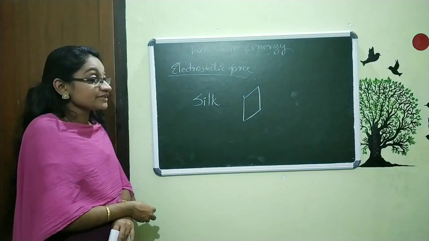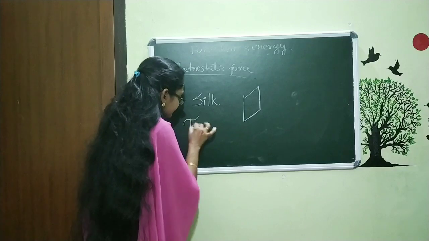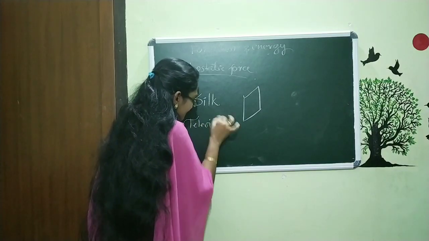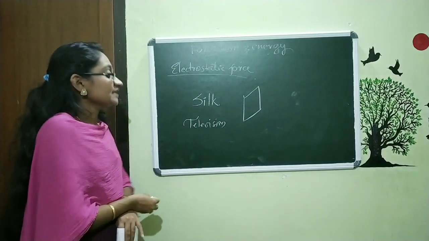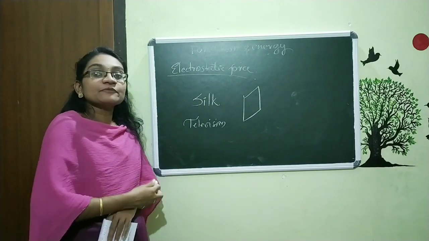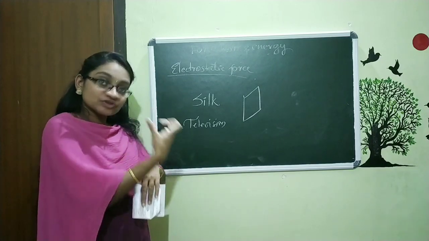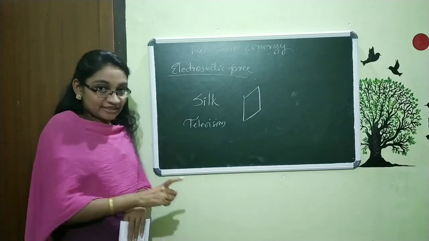The same thing you can feel when the television is on. When the television is on, you can suddenly feel a certain type of attractive force, and our hair is getting attracted towards the television screen.